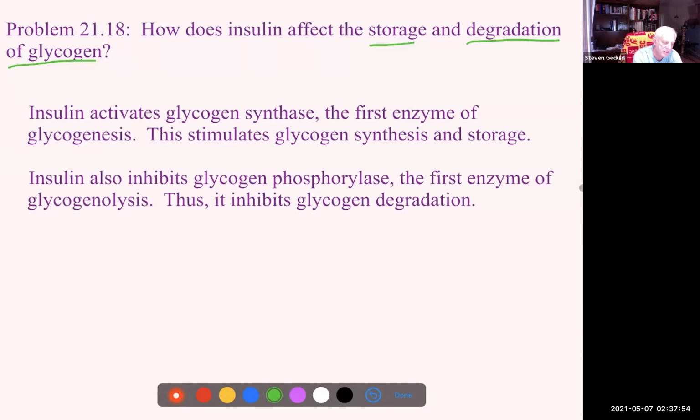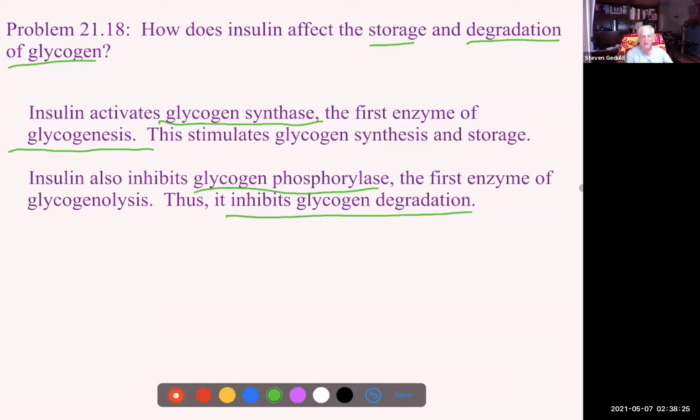Insulin activates glycogen synthase, the first enzyme of glycogenesis, increasing the production of glycogen. It takes glucose out of the blood, puts it in the liver, and then stores it as glycogen. This stimulates glycogen synthesis and storage. It inhibits glycogen phosphorylase, the enzyme of glycogenolysis, which breaks down glycogen to put more glucose in the bloodstream. So it inhibits glycogen degradation.